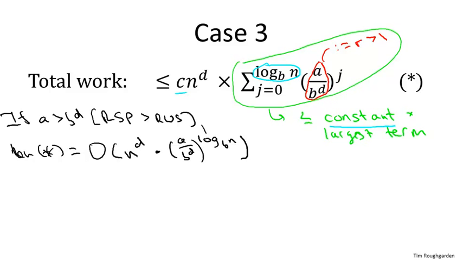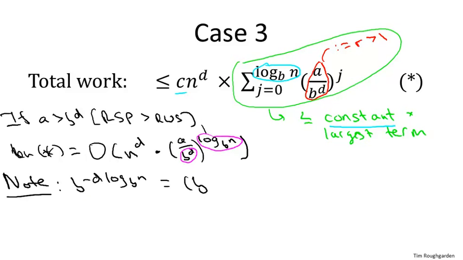Now don't despair how messy this looks. We can do some remarkable simplifications. So what I want to do next is focus just on this 1 over b to the d raised to the log base b of n term. We can write that as b to the minus d log base b of n, which if I factor this exponent into two successive parts, I can write as b raised to the log base b of n power, and only then raised to the minus d.